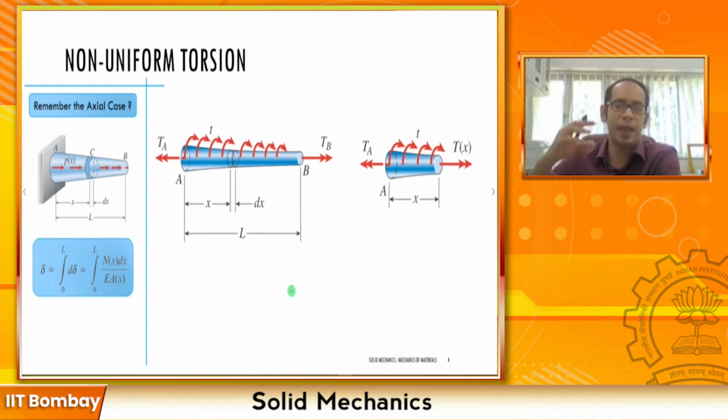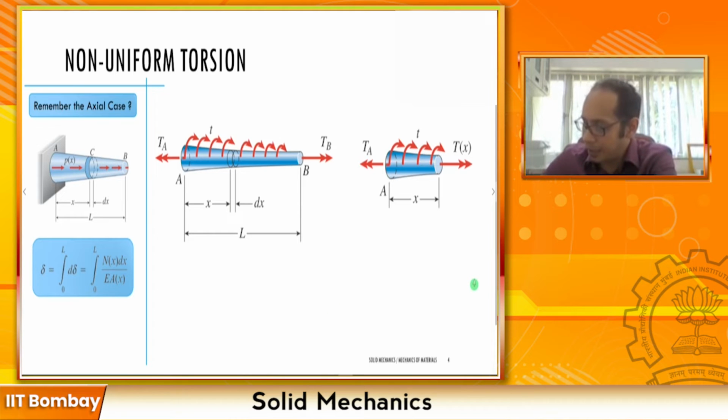Remember this one where we had the continuous gradation of the area, and if you have a body force being applied, we had cut a small section dx and calculated the internal forces and so on. Here also it is going to be exactly the same thing. In the axial case you calculated the deformation.